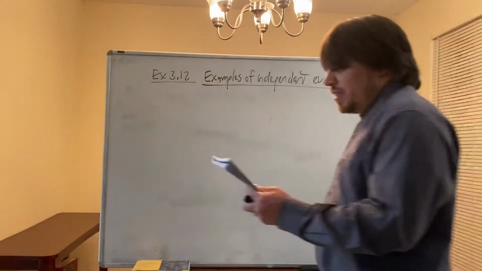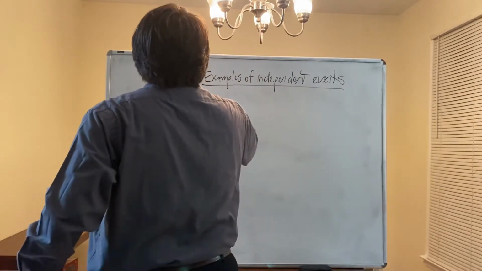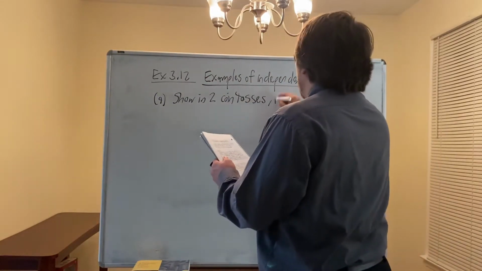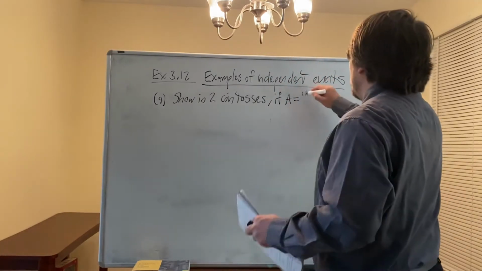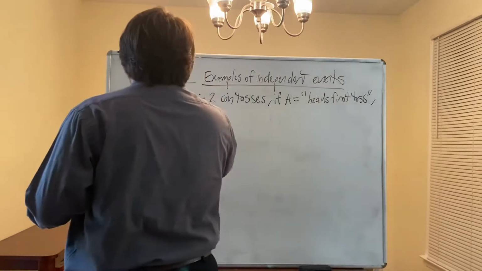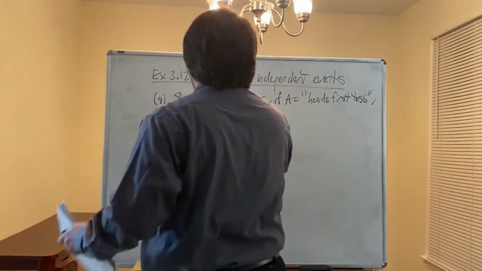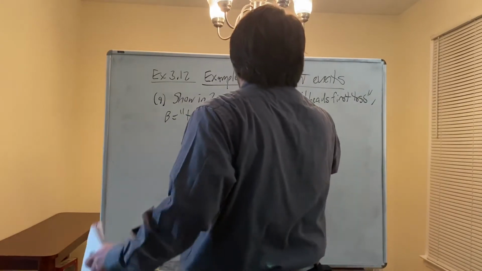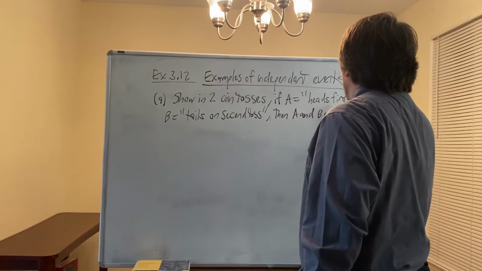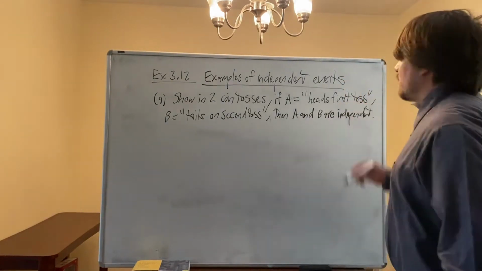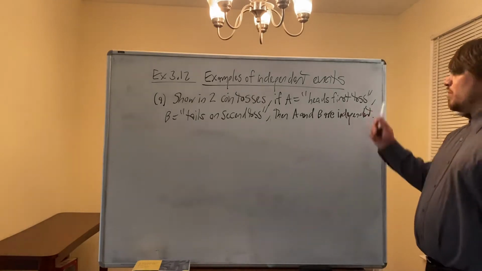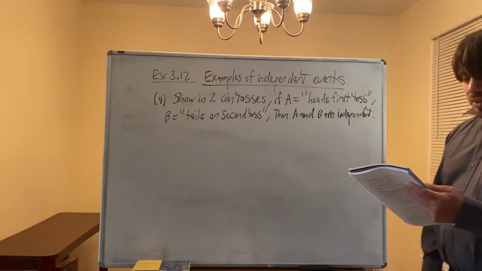Part A: show that in two tosses of a fair coin, if A is the event of heads on the first toss and B is the event of tails on the second toss, then A and B are independent.